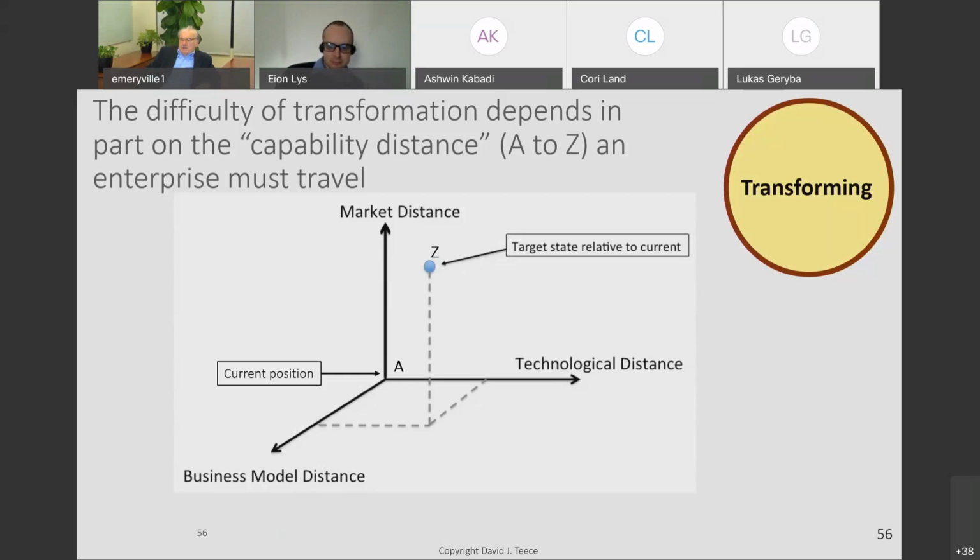The hardness, or the cost, if you will, of change is greater the further you are away along each one of those three axes. I'm sure you can think of a better diagram to draw, but that's the only one I've been able to draw about this so far.